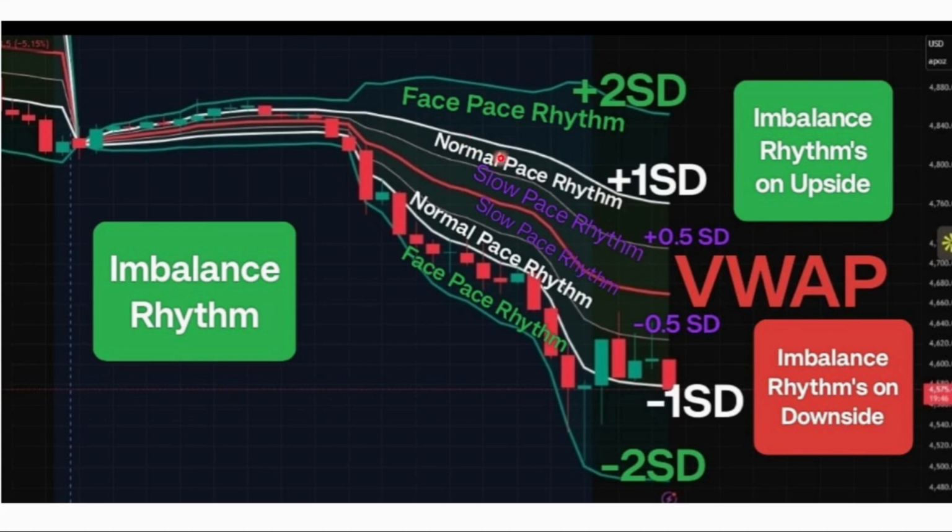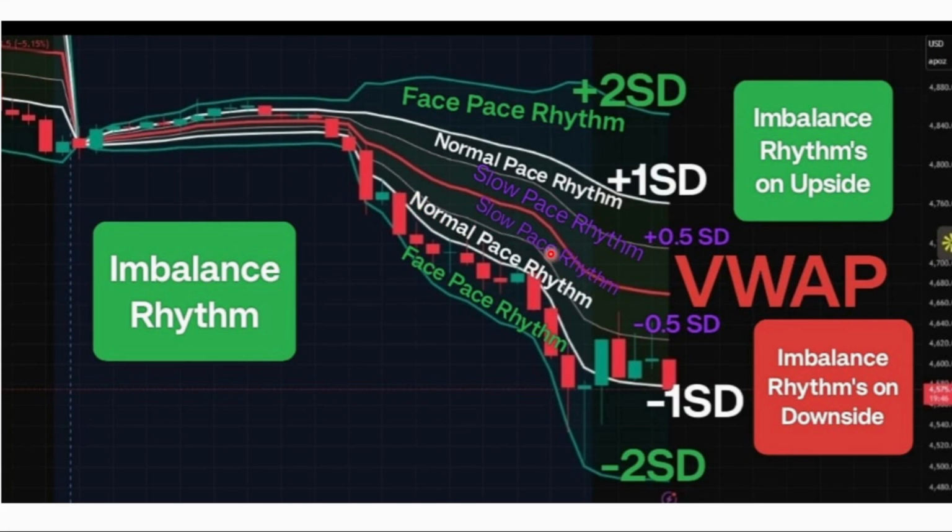If the price moves between VWAP and the white line, which is the 1 standard deviation, then it's a normal upward rhythm. And if it goes from 1 standard deviation to 2 standard deviations, then it's a fast paced upward rhythm.